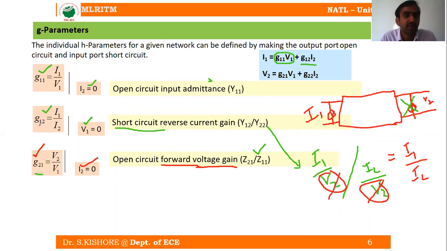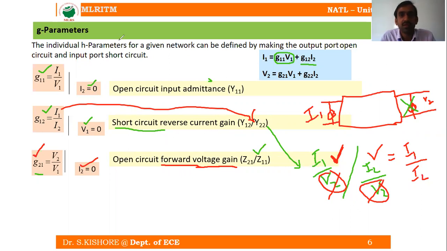That means this G parameter G12 can also be expressed in terms of Y parameters as the ratio of Y12 to Y22. Here these are admittances: one is I1 divided by V2, the reverse transfer admittance, and the other is the forward transfer admittance. The ratio of the reverse transfer to the forward transfer admittance is nothing but the short circuit reverse current gain.